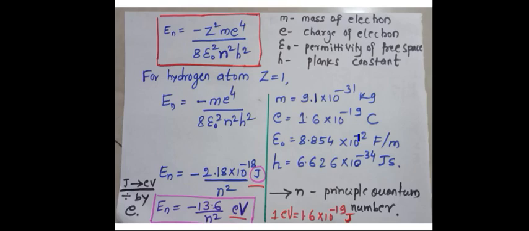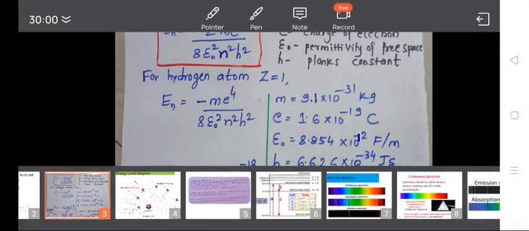Now with all these constant values, we apply it to the hydrogen atom, whose atomic number is Z equal to 1. Hence the energy expression becomes minus m e raised to 4 by 8 epsilon naught square n square h square. Let us substitute all the constant values in this equation.